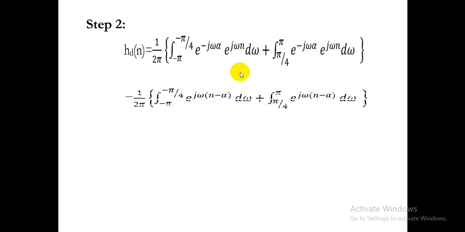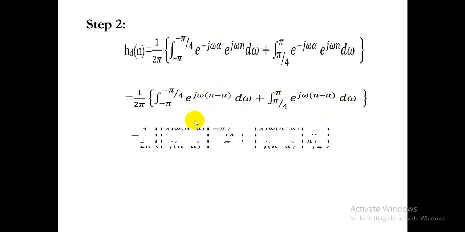Next, what we have to do is solve this. So 1/2π, integral from -π to -π/4 of e^(jω(n-α)) dω, plus π/4 to π of e^(jω(n-α)) dω. The integral of e^(jθ) is e^(jθ)/jθ, right?